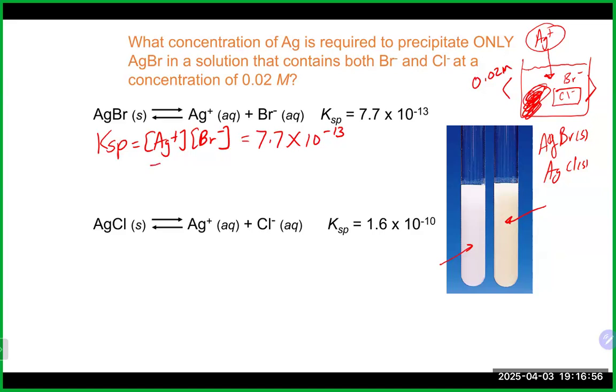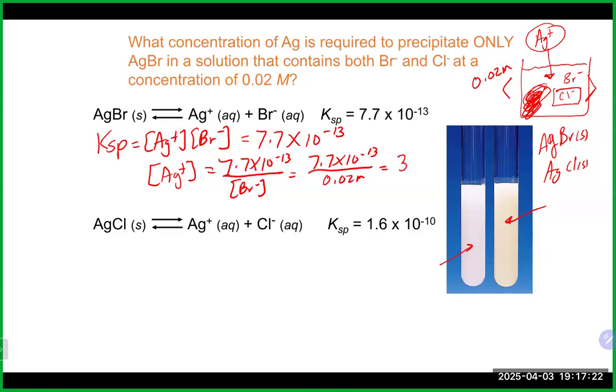So we could rearrange the KSP expression and solve for silver, which would be 7.7 times 10 to the minus 13 divided by the bromide concentration. And if we put that in there, that is going to give us an answer of, we'll call it 3.9 times 10 to the minus 11. So I go down here, 3.9 times 10 to the minus 11 molar.